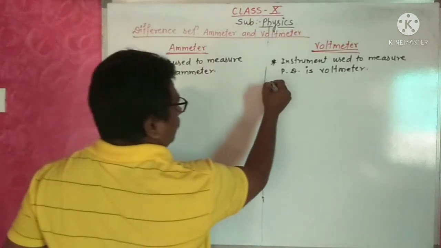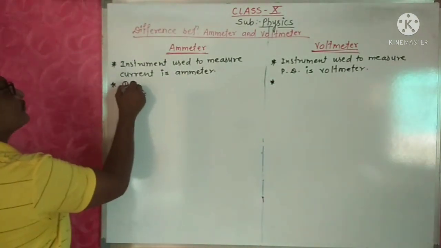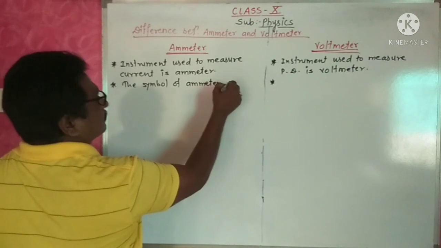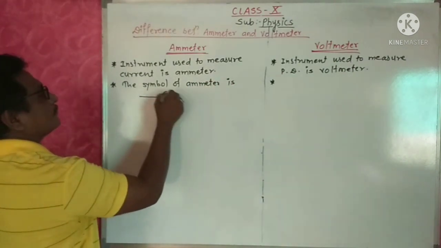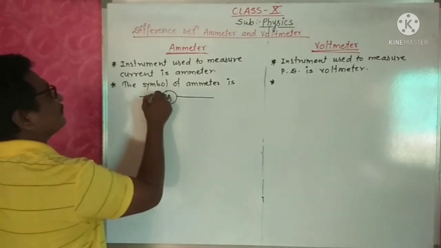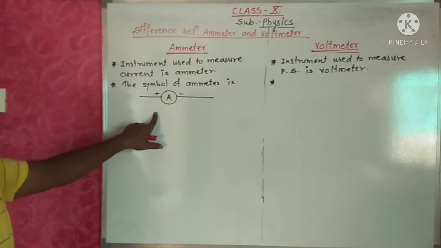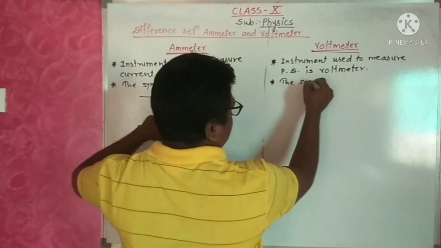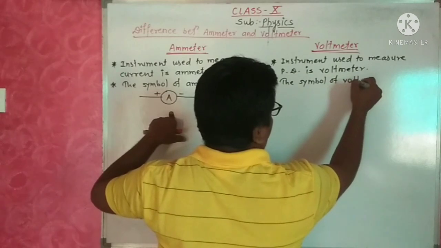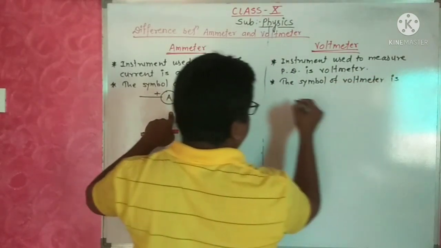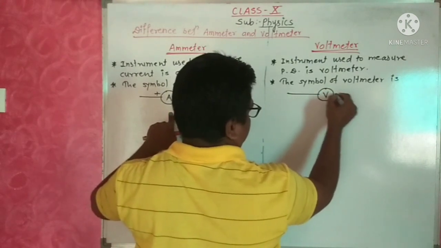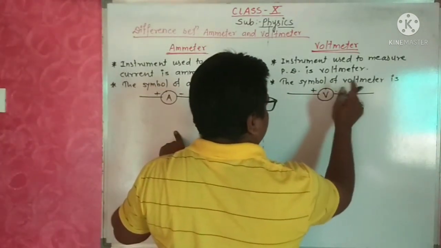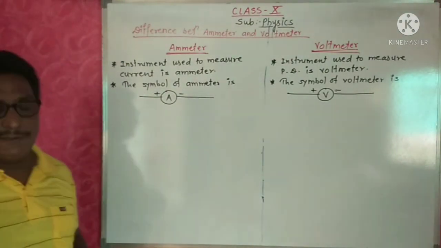So what is the symbol of ammeter? The symbol of ammeter is like this. The symbol of voltmeter is like this, with positive and negative terminal.